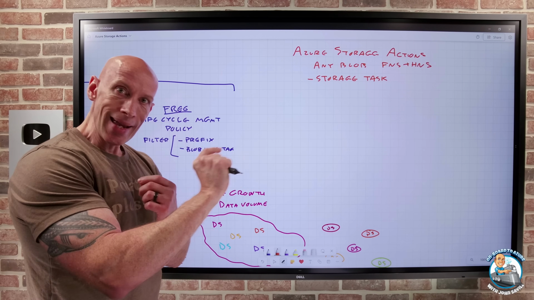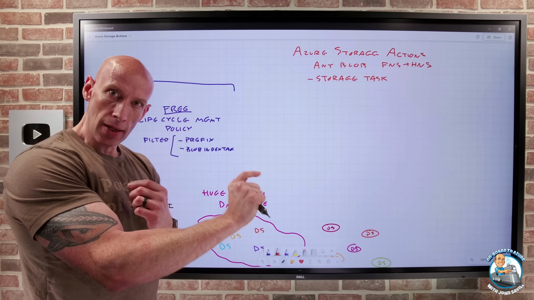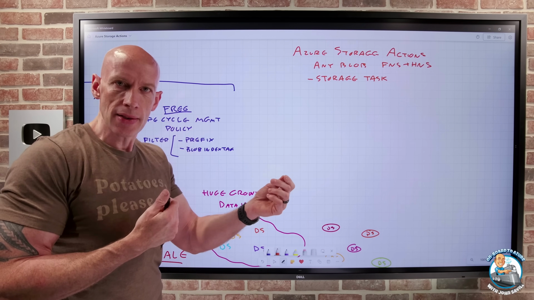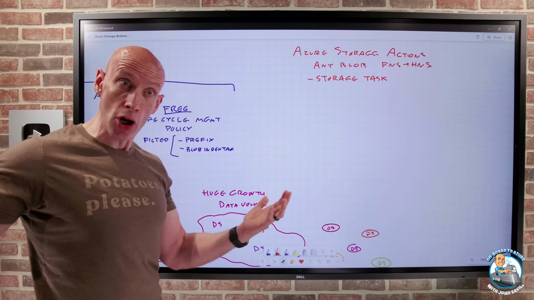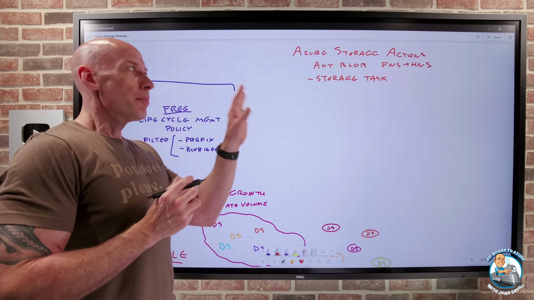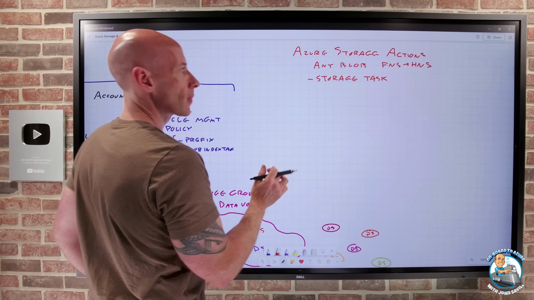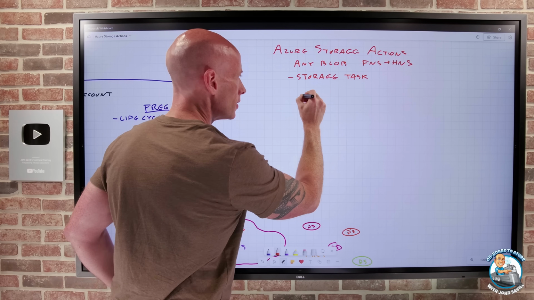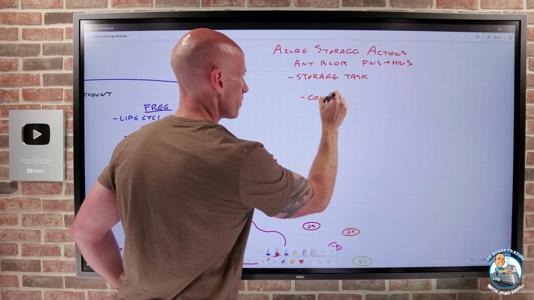So if I define some operation as manipulating versions, for example, in the future, that wouldn't work against the hierarchical namespace that doesn't support versioning. But create my storage task. The first thing I'm going to define are my conditions.